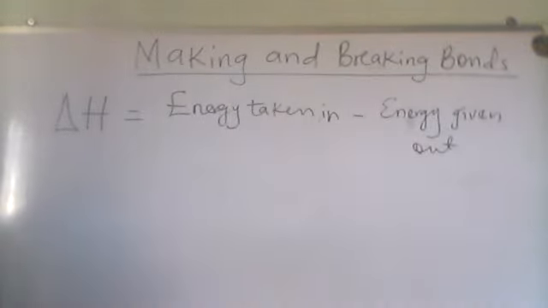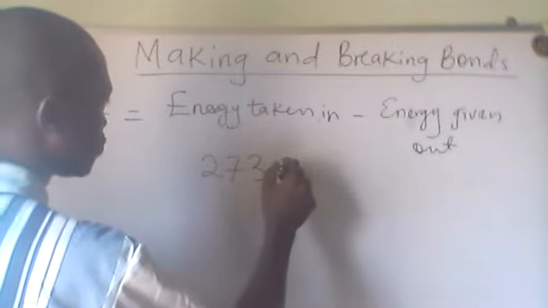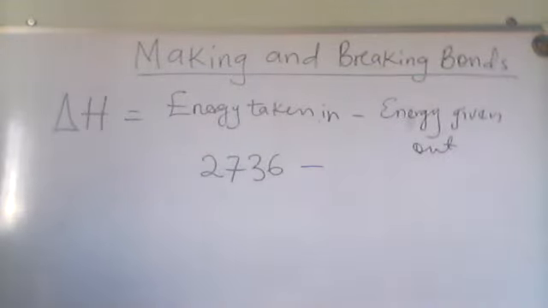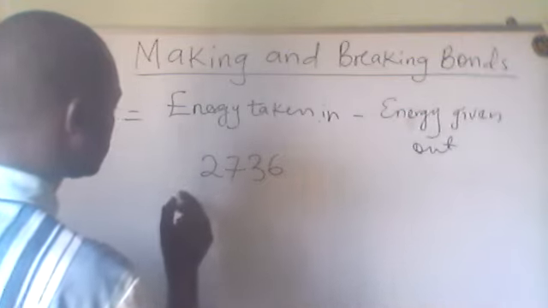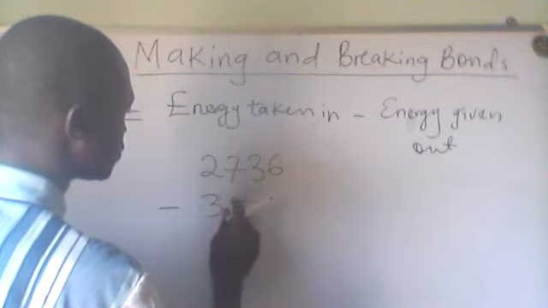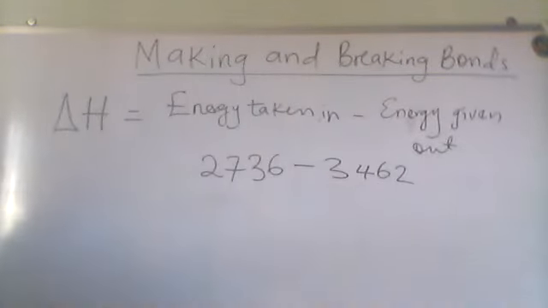Okay, energy taken in minus energy given out. The energy taken in we calculated was 2,736, as in 2,736 minus the energy given out, which is 3,462.